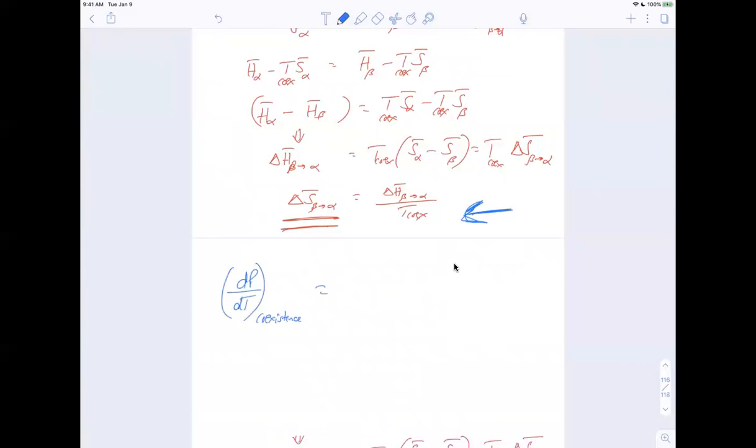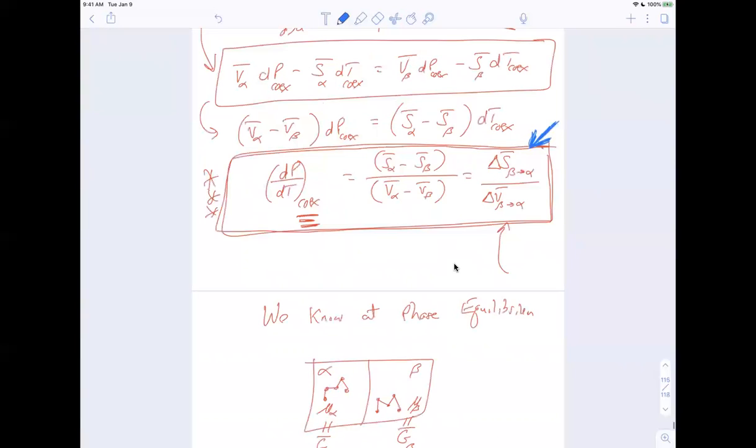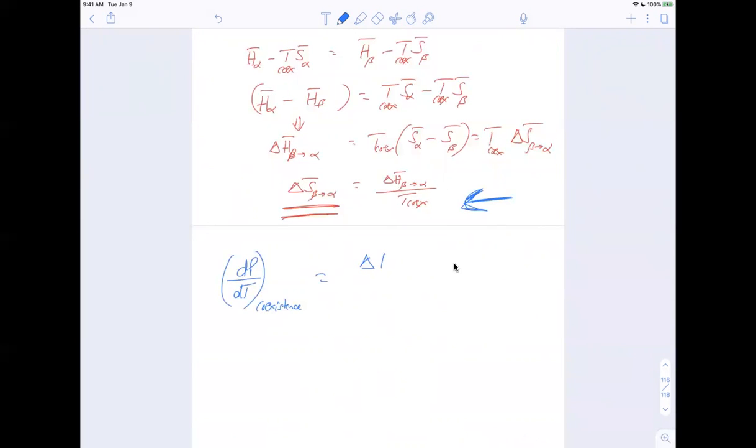It is equal to, let's go back, this was delta S bar over delta V bar, remember where this blue arrow is? So delta S bar is just delta H bar to go from beta to alpha over T coexistence times delta V bar for the phase transition.